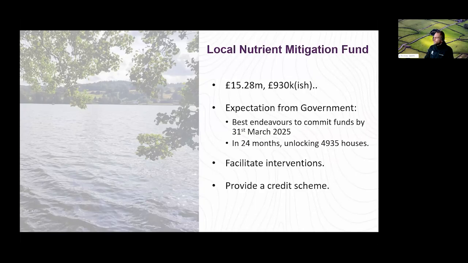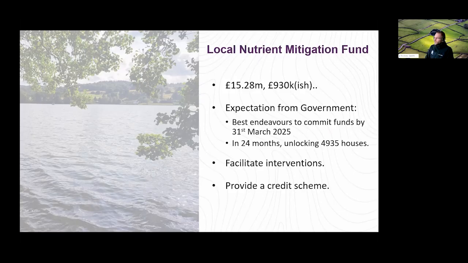And as a country, the current government has set the ambition of delivering 1.5 million new homes by the end of the Parliament. And this is a barrier to this, not just in Cumbria, but across the country. So government is putting its money where its mouth is. In Cumbria, we've been awarded £15.28 million of capital money plus about £930,000 of revenue money to facilitate interventions, mitigation in the catchments to unlock houses.